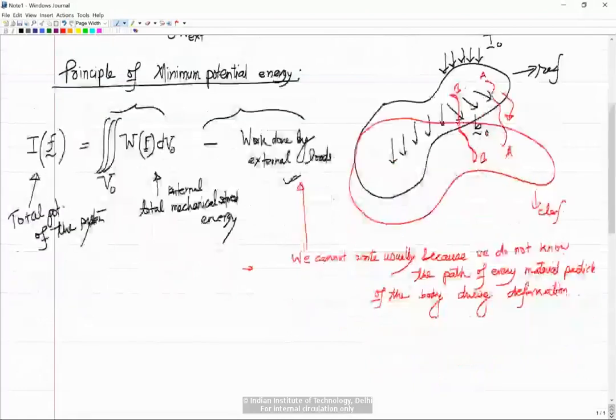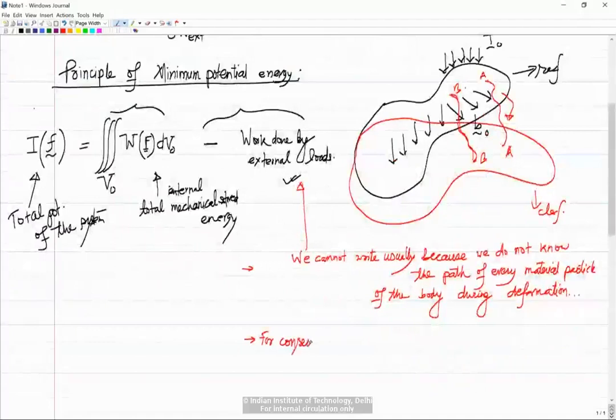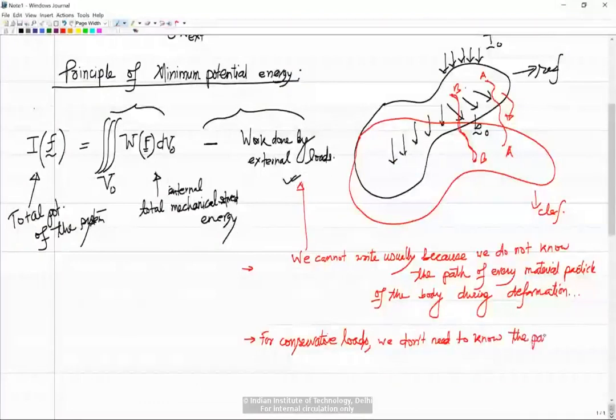So luckily, for conservative loads, we don't need to know the path of deformation because the work done is independent of the path. So for such loads, we will be able to write down the expression of work done by external loads.